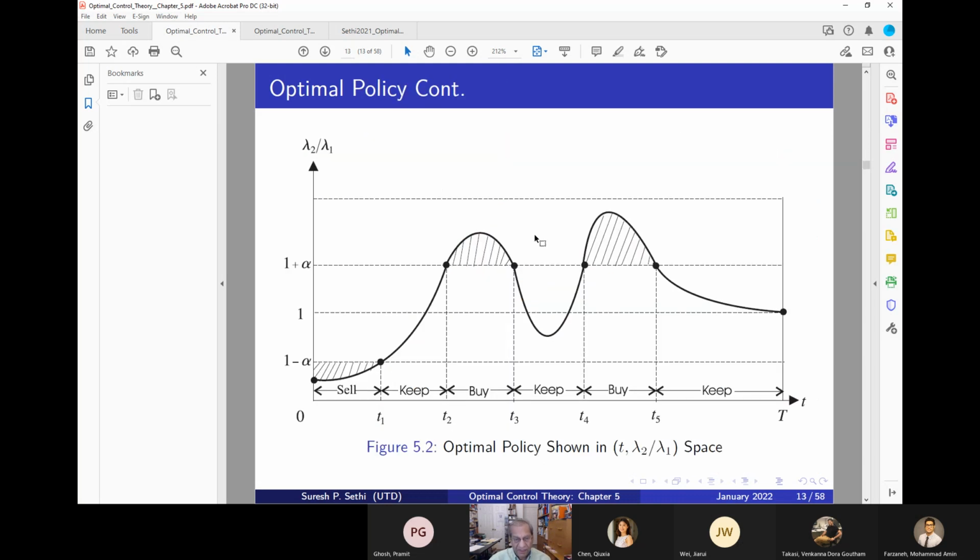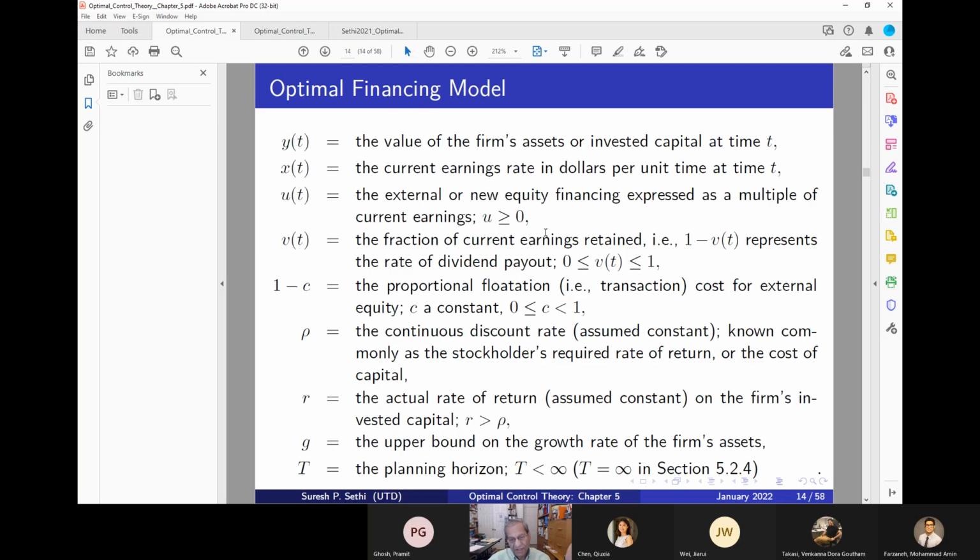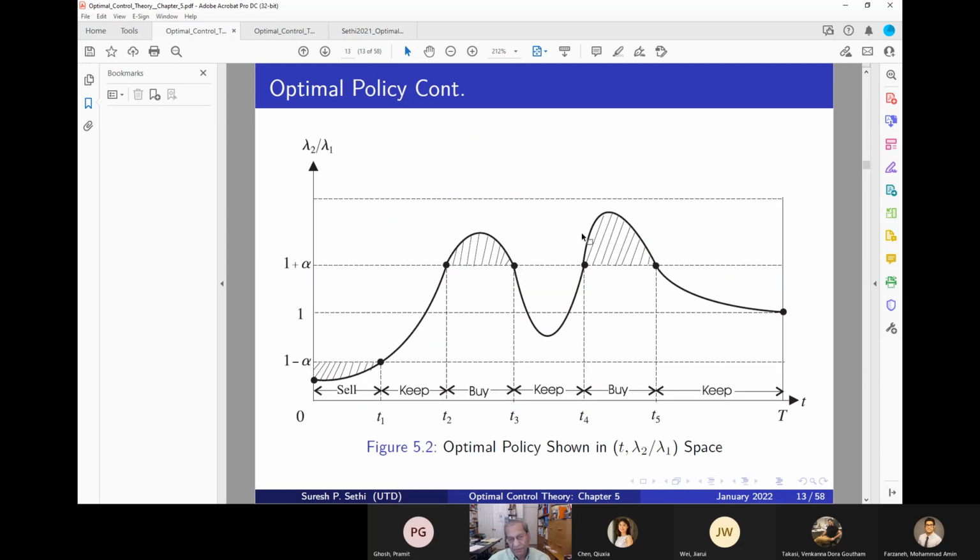None of these papers, well, that one I don't know, but none of those papers would be interesting at this point in terms of their realistic features.